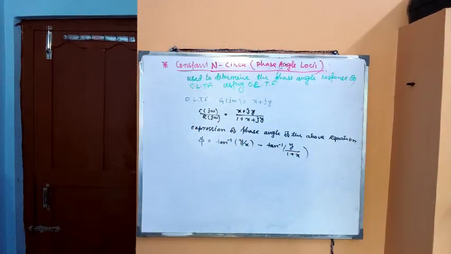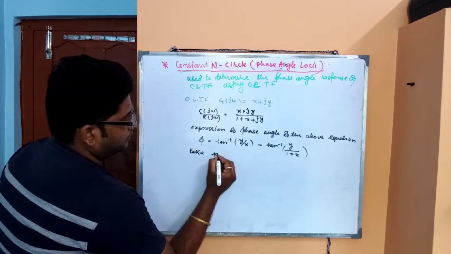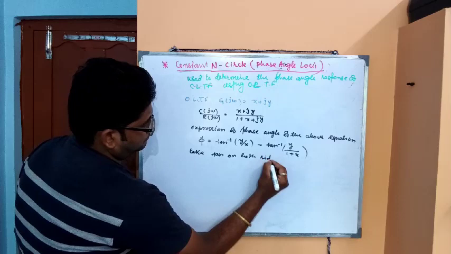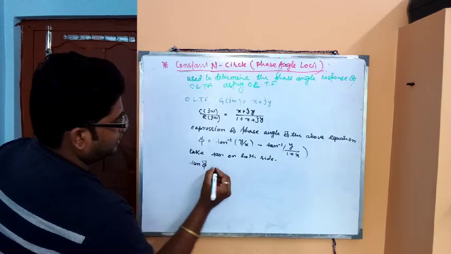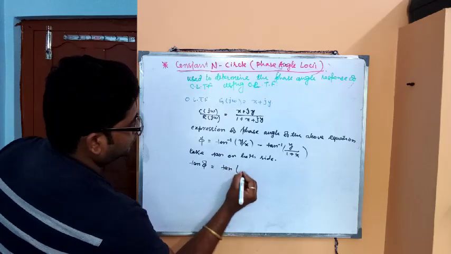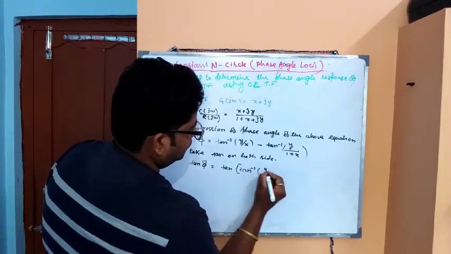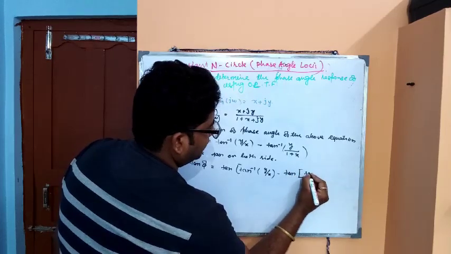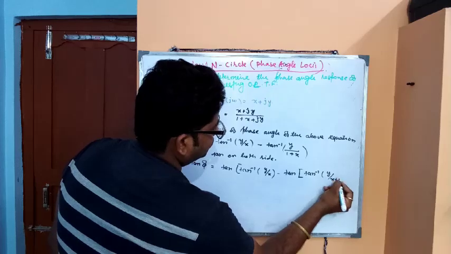Okay, now we need to simplify this equation. For this, take tan on both sides. So the above equation becomes tan phi is equal to tan of (tan inverse y by x minus tan inverse y by (x plus 1)).